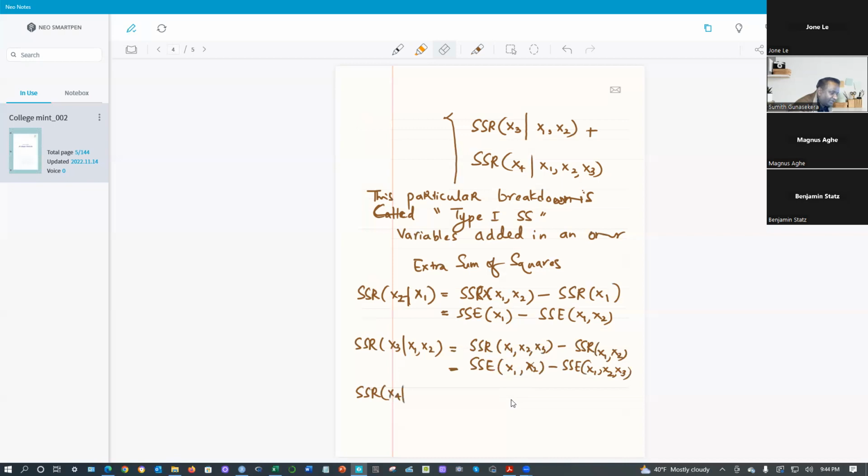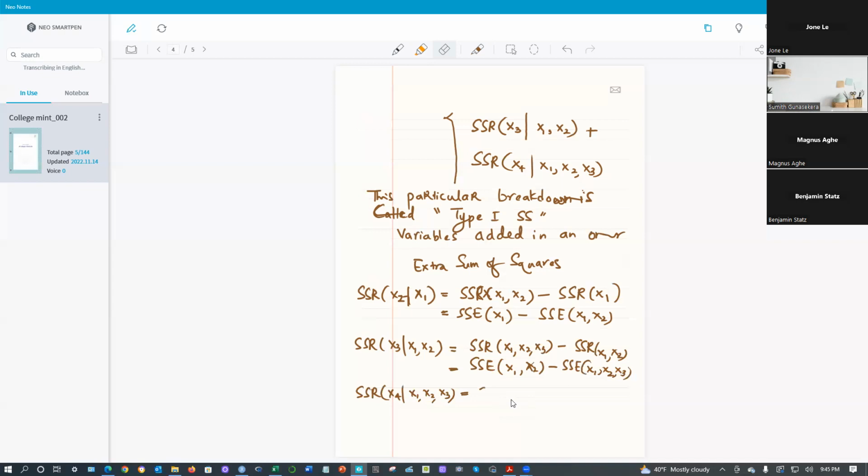You systematically add the fourth one and see whether that will produce an advantageous explanation for the y variable.